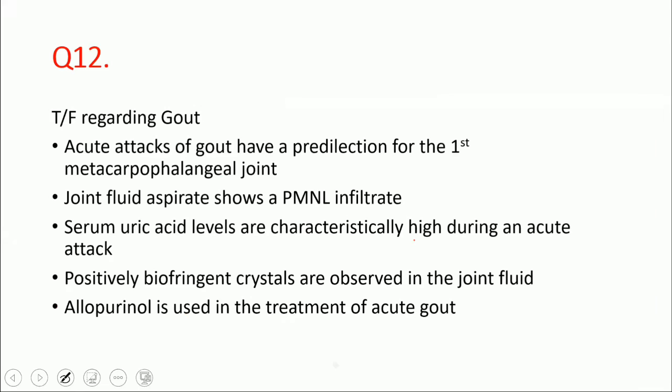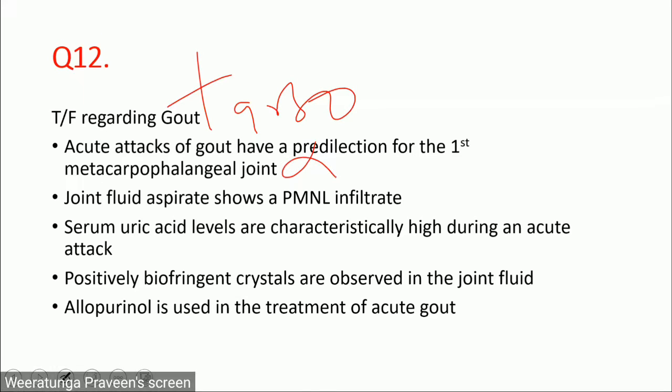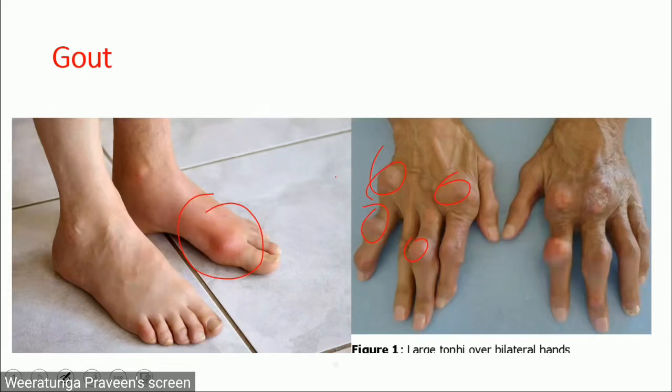True or false regarding gout? Acute attacks of gout have a predilection for the first metatarsophalangeal joint. So that is the foot, right? First metatarsophalangeal joint is involved, right? But remember, gout can involve any joint, as you have seen. It can involve, like rheumatoid arthritis, a polyarticular pattern, or it can cause knee joint or ankle joint involvement.